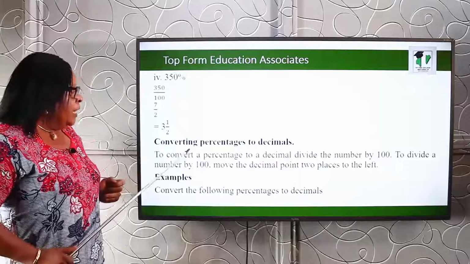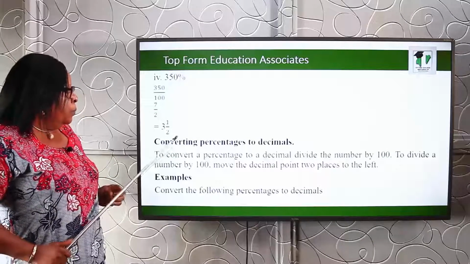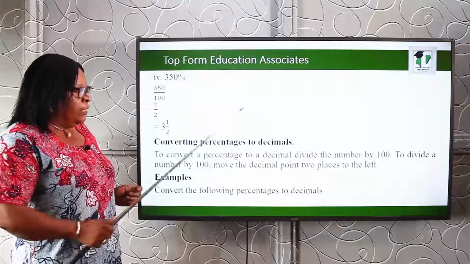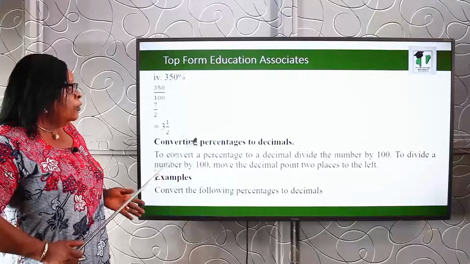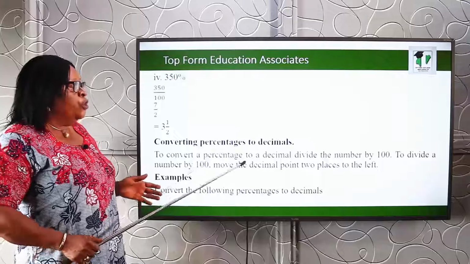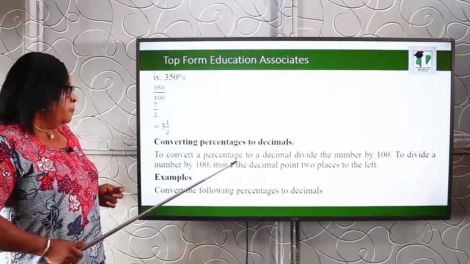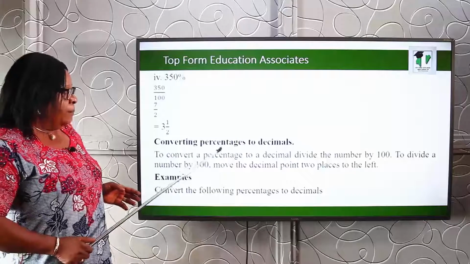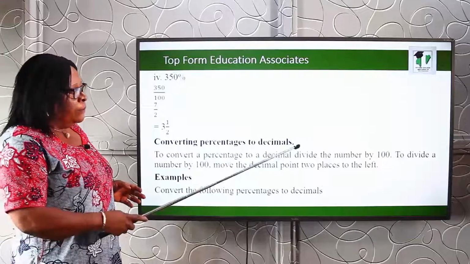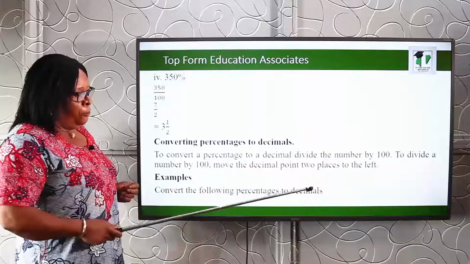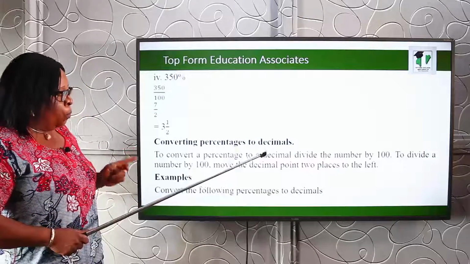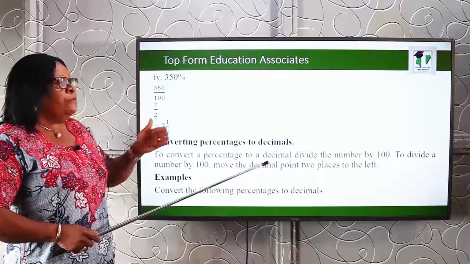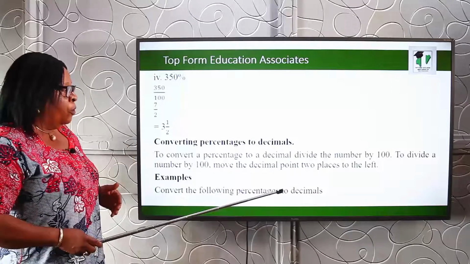We continue with the next subtopic, which is converting percentage to decimal. How do we convert percentages to decimals? To convert a percentage to a decimal, just divide the number by 100.